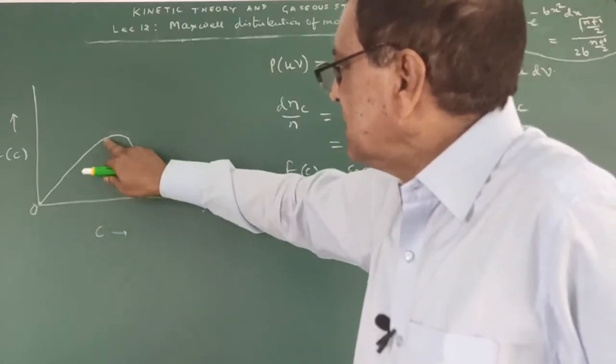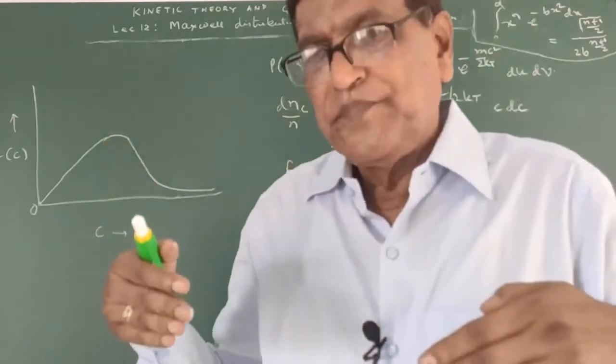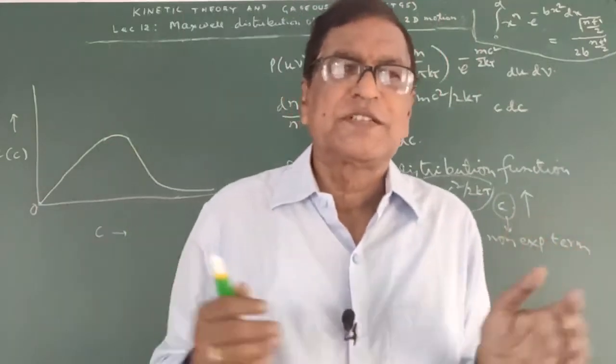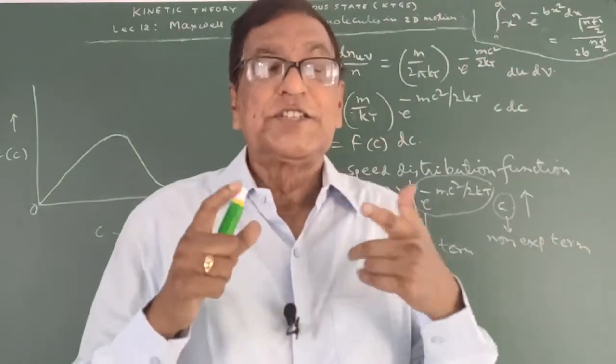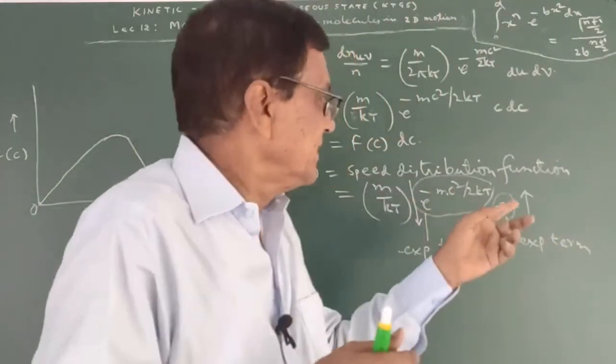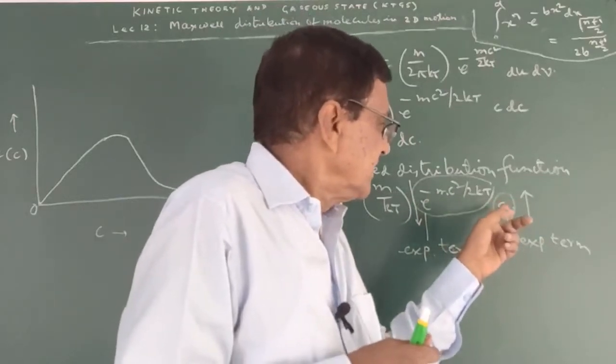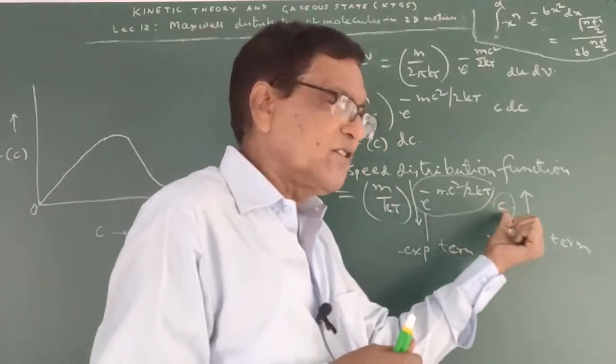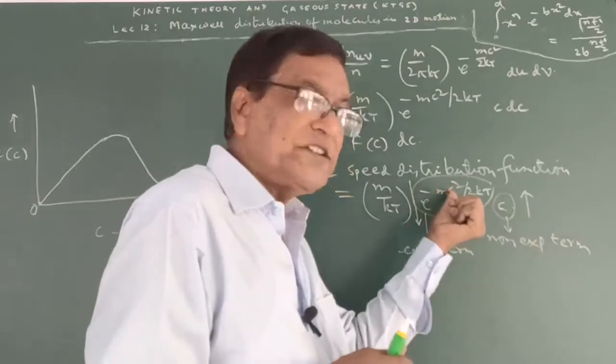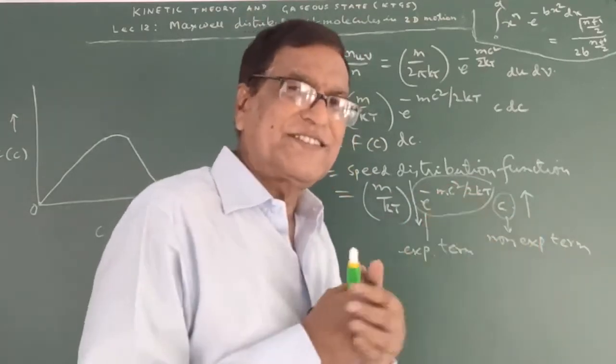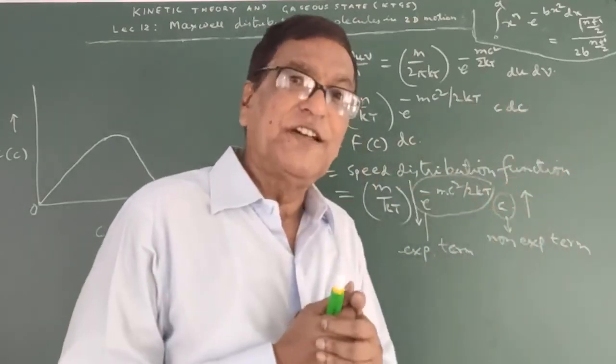The difference in this curve is due to these two terms. Here it contains c, but here it contains c square, and c is very large, so c square is again very, very large.